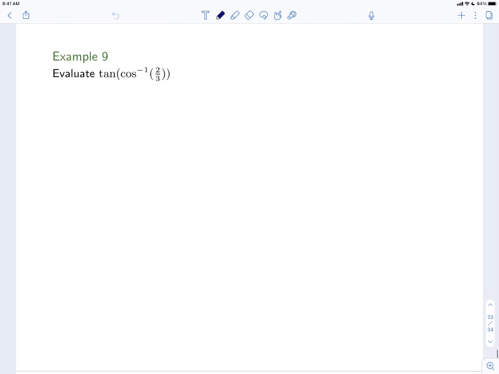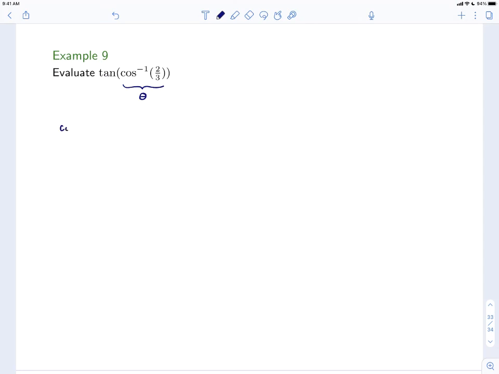Let's do another example. So in this case, we want to evaluate tangent of the inverse cosine of 2/3. So we're going to approach this the same way. This inverse cosine is going to give you an angle, and we want to figure out what tangent of that angle is.